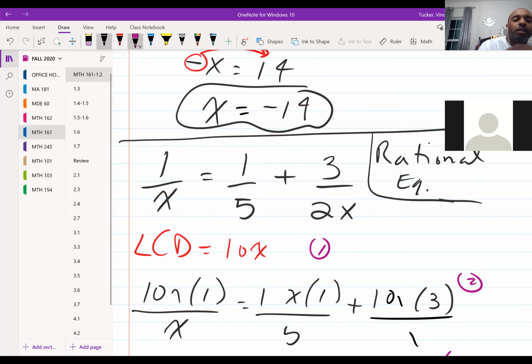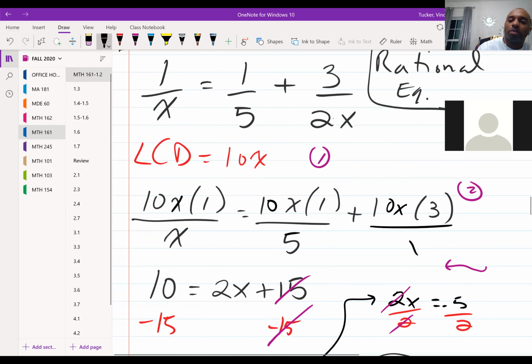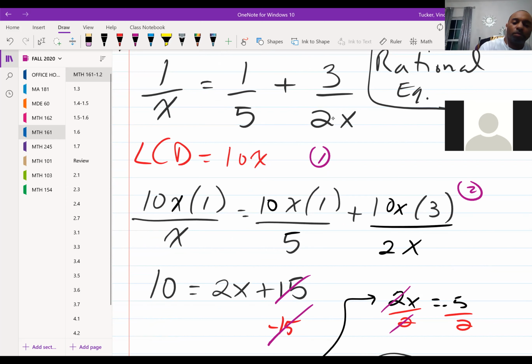Step 2 is to take the 10x and multiply it to each numerator. And then step 3 is to reduce.